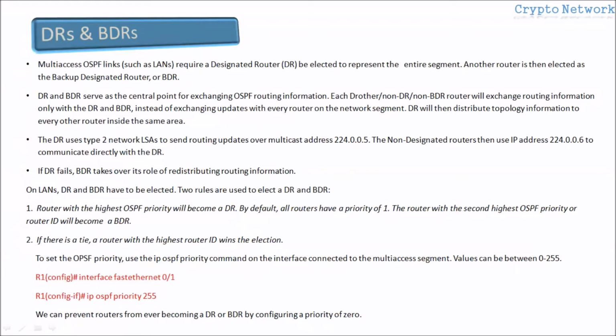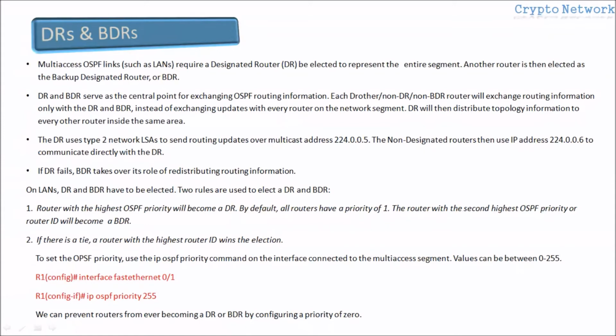We have two rules in order to elect a DR and BDR. One is that the router with the highest OSPF priority will become the DR, and the router with the second highest OSPF priority or router ID will become the BDR, the backup designated router. By default, all routers in OSPF have a priority of 1, and if there is a tie, the router with the highest router ID wins the election.